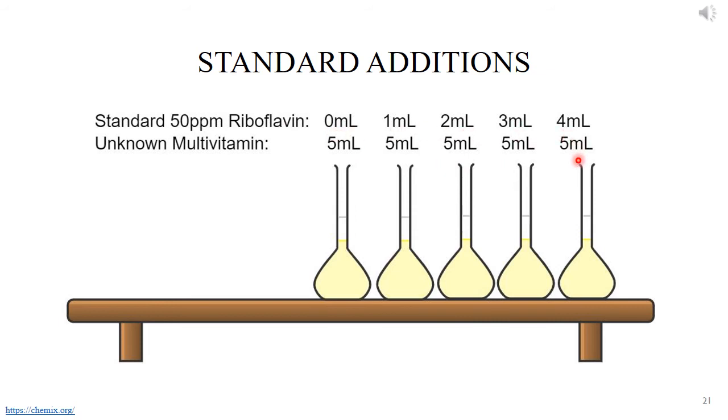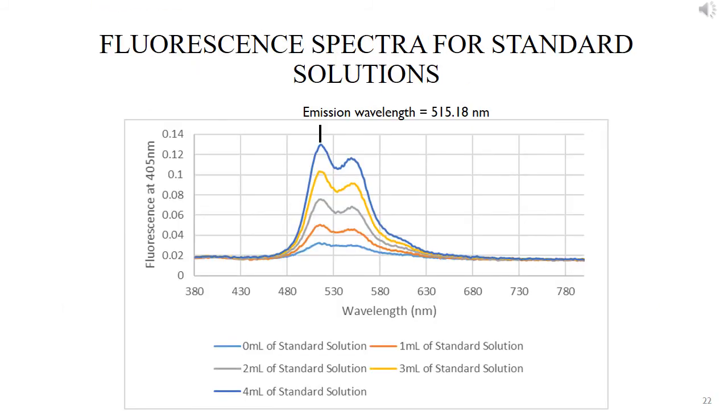The 5 standard addition solutions respectively contain 0 milliliters, 1 milliliter, 2 milliliters, 3 milliliters, and 4 milliliters of the standard 50 parts per million riboflavin solution. The fluorescence spectra at the excitation wavelength of 405 nanometers was taken for all 5 solutions.